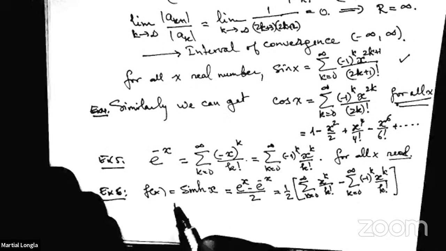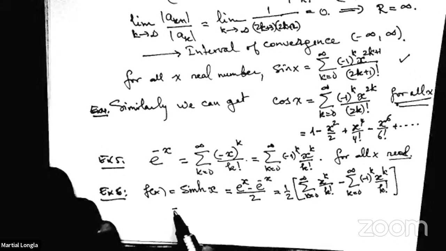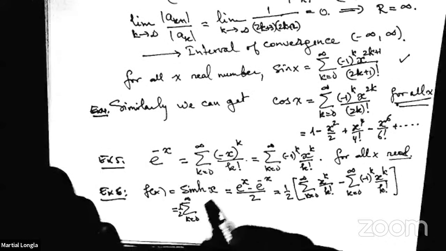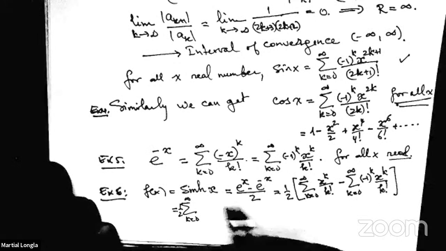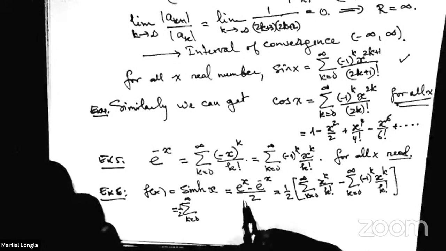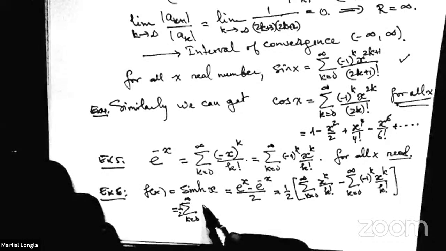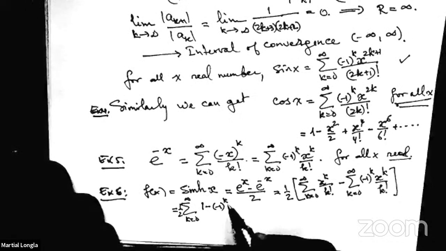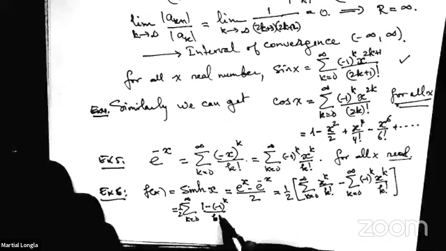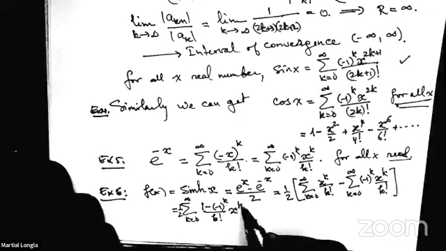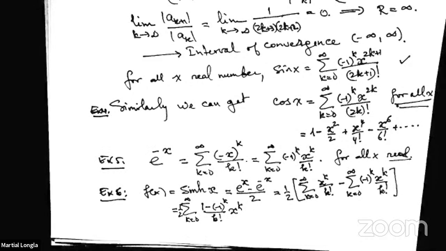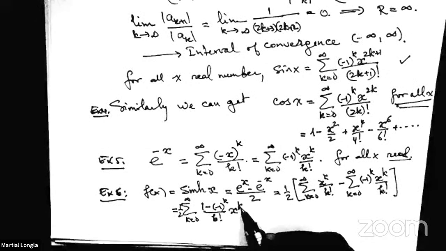And we can combine them, since x to the k is the same, giving the sum k from 0 to infinity of (1 minus (negative 1)^k) over k factorial times x to the power k. This is what it is. And now we can simplify this thing.